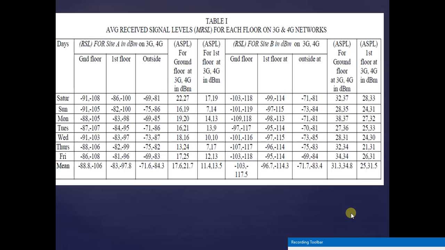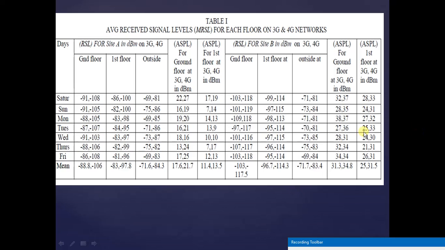we have seen the average received signal level for each floor on 3G and 4G networks. So we see the average signal penetration loss for the ground floor at 3G and 4G in dBm is higher, which is 17.6 dBm at 3G and 21.7 dBm at 4G.